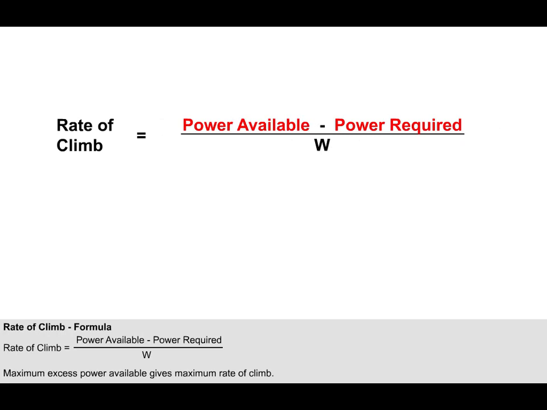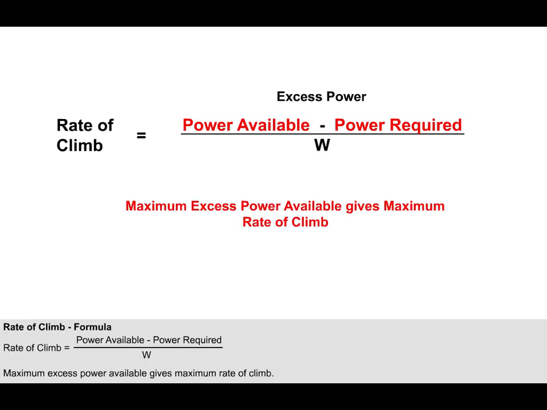This means that instead of thrust multiplied by velocity, the formula now contains the expression power available, and instead of thrust required multiplied by velocity, the formula now has power required. The formula now reads power available minus power required, which gives excess power divided by weight.